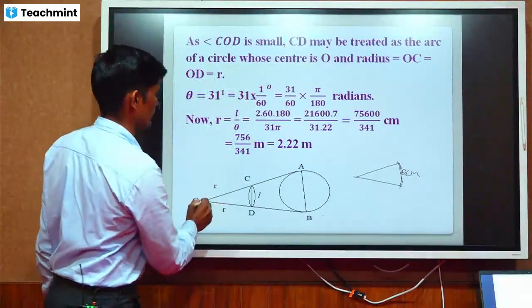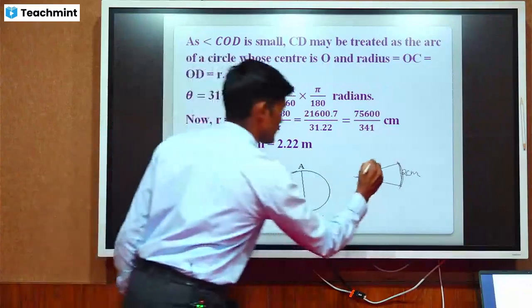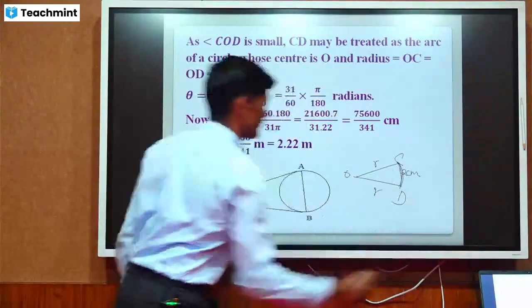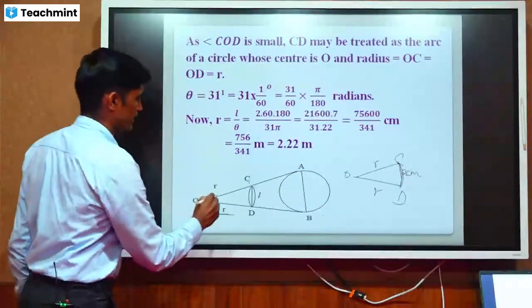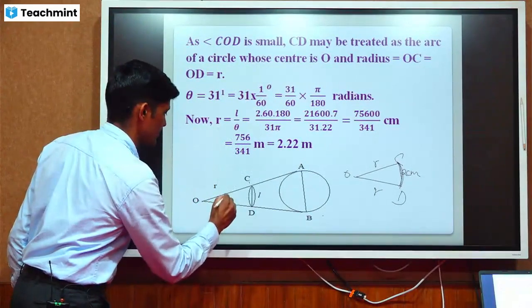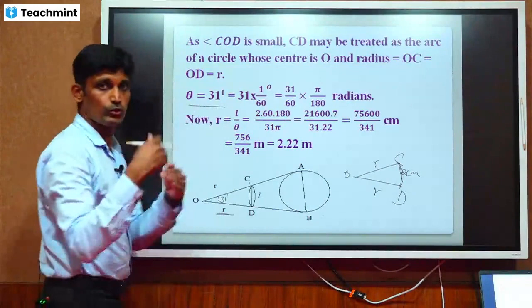Therefore OC and OD are both equal to the radius R. Now what is theta here? This is 31 minutes. 31 minutes can be converted to degrees first, then to radians.